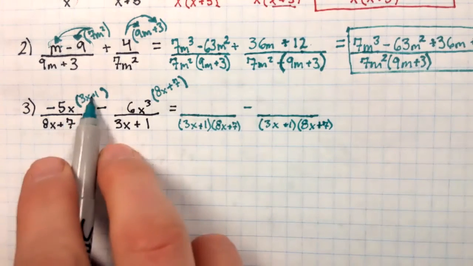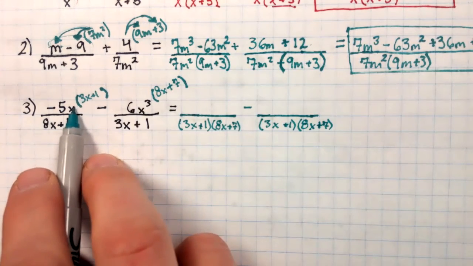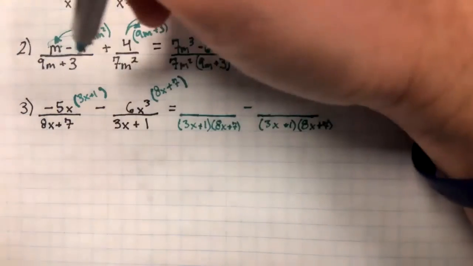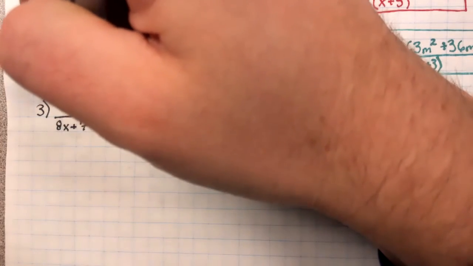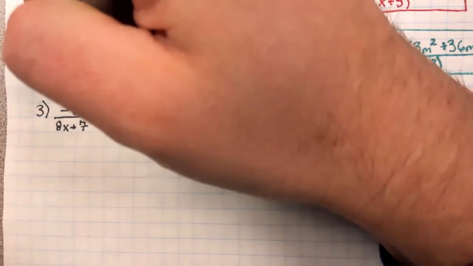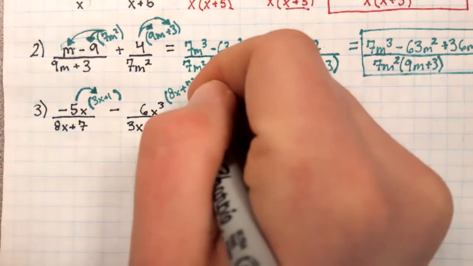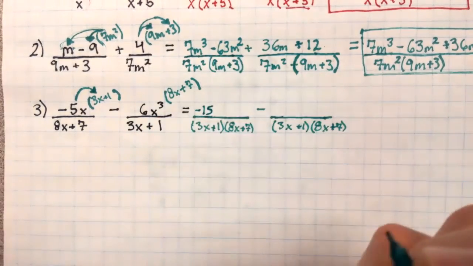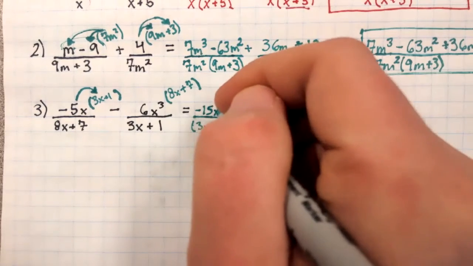For this process up here to get to new numerators, we are going to have to multiply these just by distribution. Hopefully we're getting pretty good at this. Negative 5 times 3x. Well, negative 5 times 3 is negative 15. And then we have the x times x for x squared.